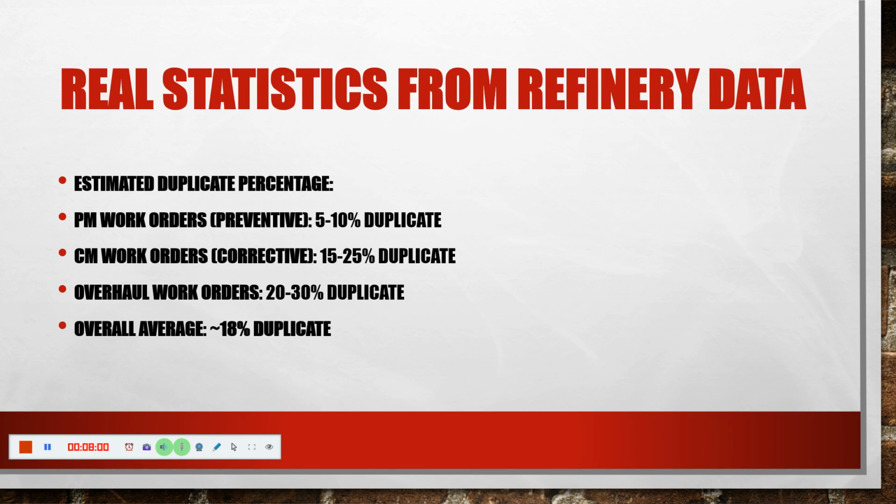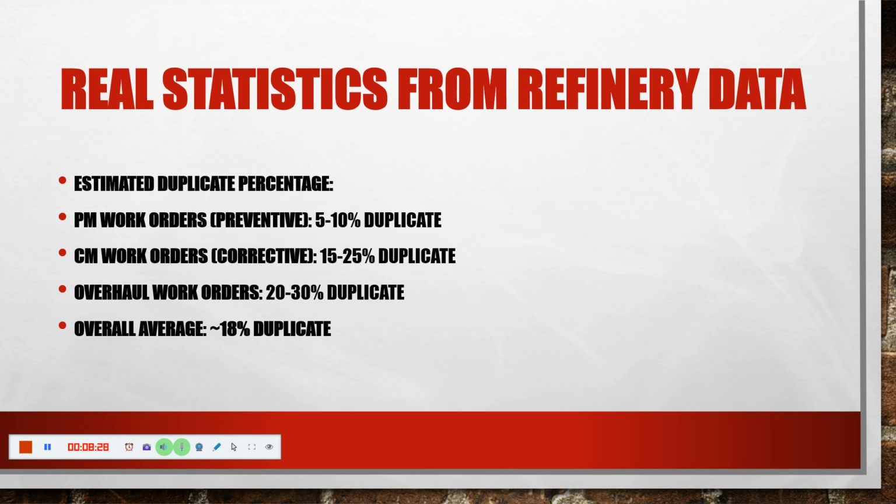By analyzing this data and identifying the patterns in our systems, we gain some information about duplicated work orders, and it helps us have an abstract view of our duplicated percentage in our system.